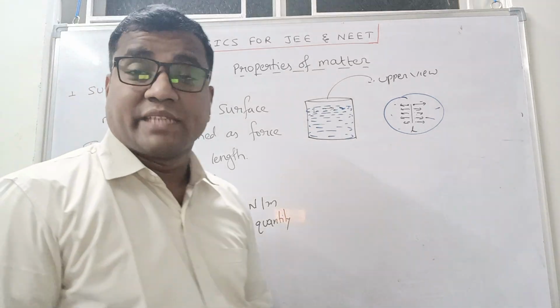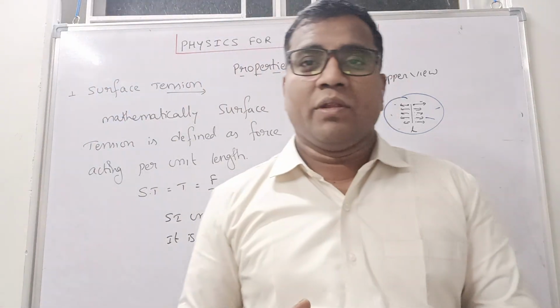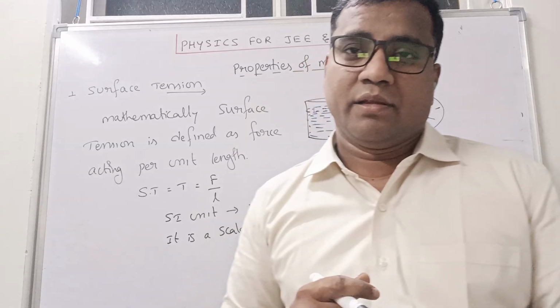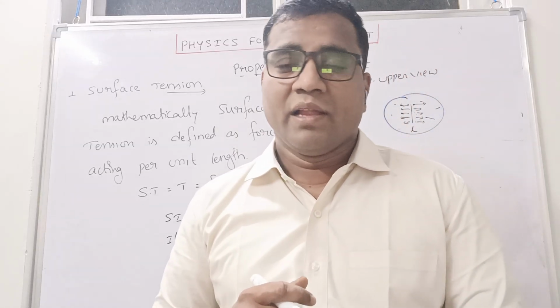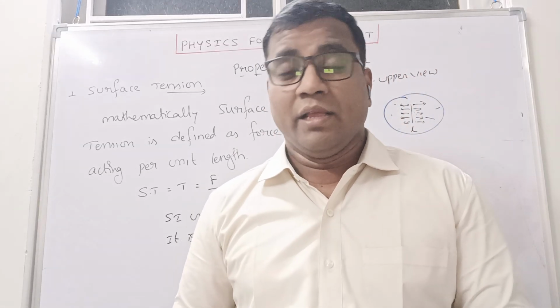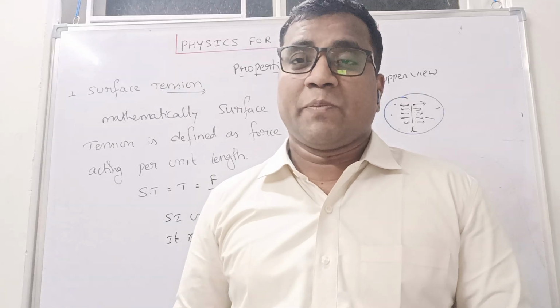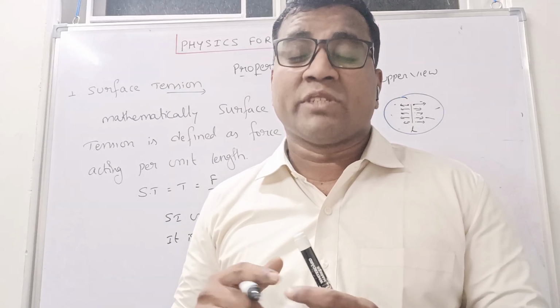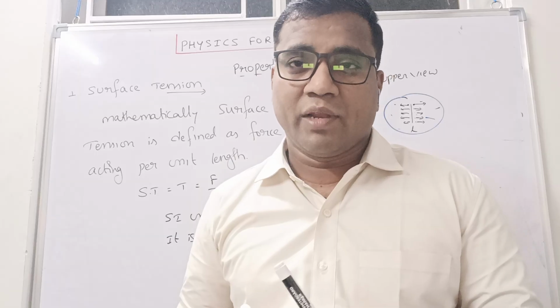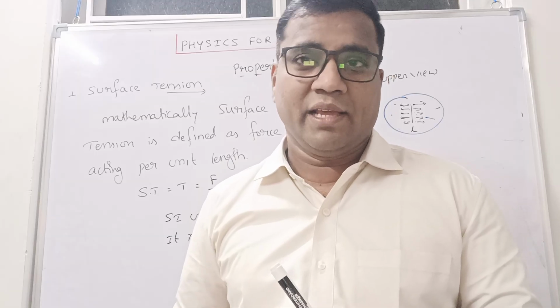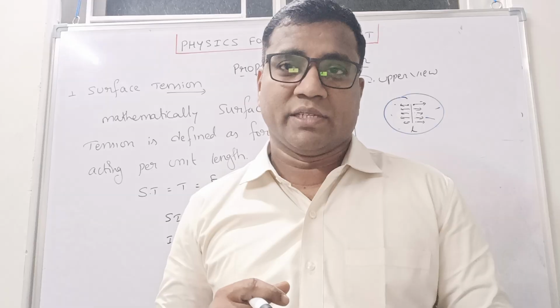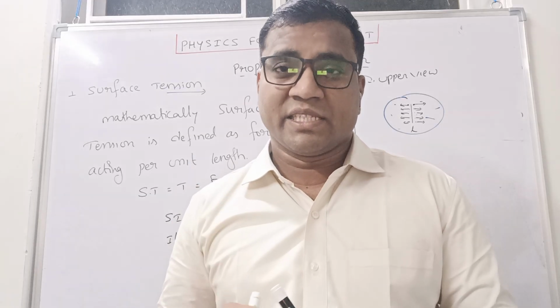Again, surface tension depends upon the nature of the liquid, that is, upon the intermolecular forces of the liquid. Clear? So try to understand these points. First, surface tension is a scalar.